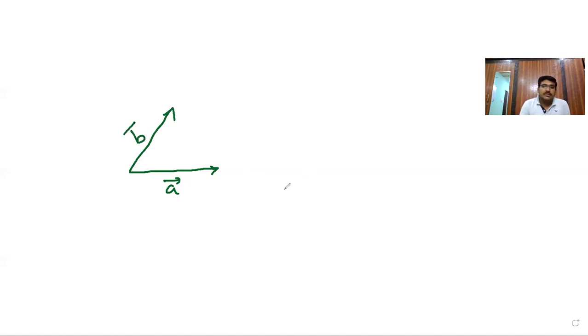We have brought the tails of the two vectors, the tail of A bar and the tail of B bar, at the common point O, let us say. Now, I want to add these two vectors by means of a parallelogram construction.